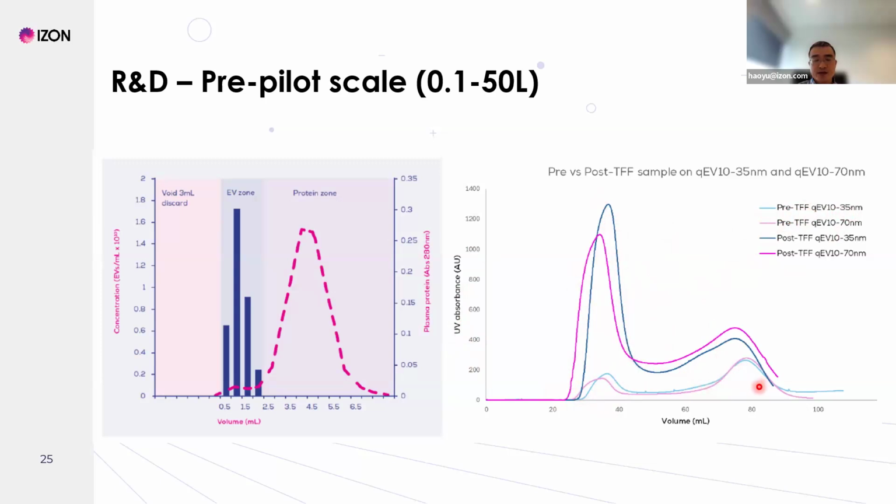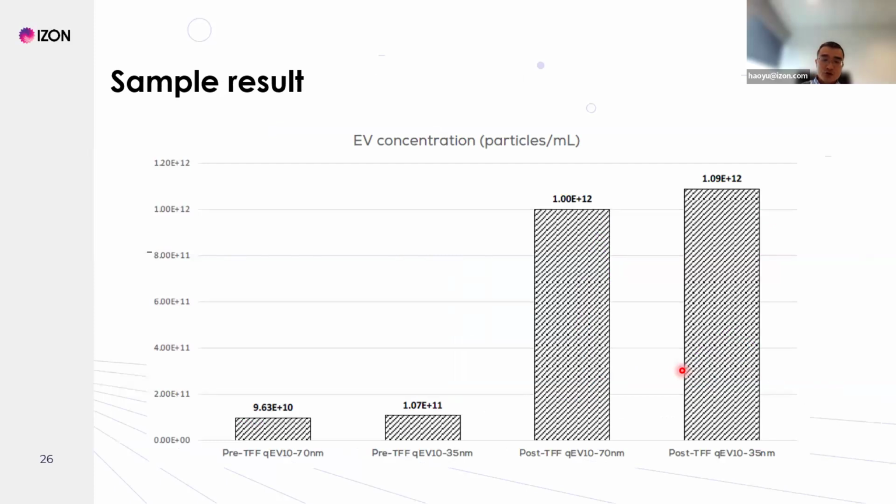So basically, if you want a high concentration of purified EVs from your cell culture medium, it is recommended to use TFF to concentrate your sample first, and then pass it through the size exclusion columns.